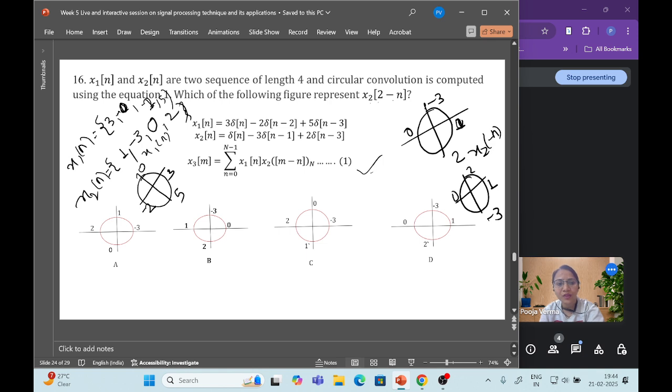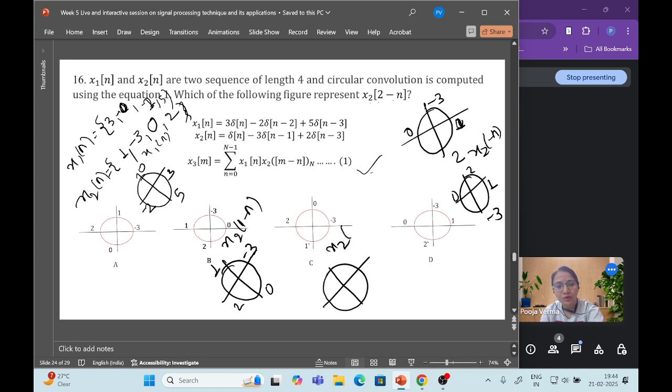Now move x2 by two places. If you move x2 by one place, here you will get 1, here 2, here 0, here minus 3. Now if you move it one place more, you will get 2, minus 1.